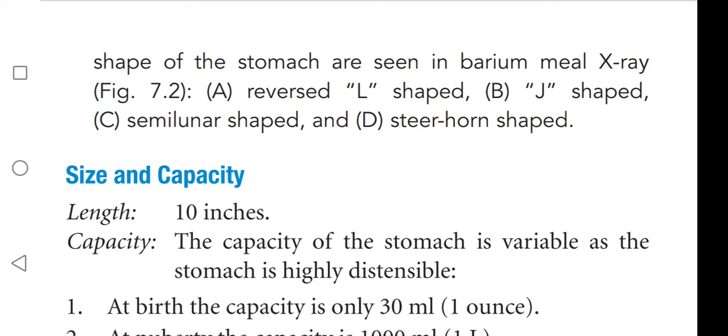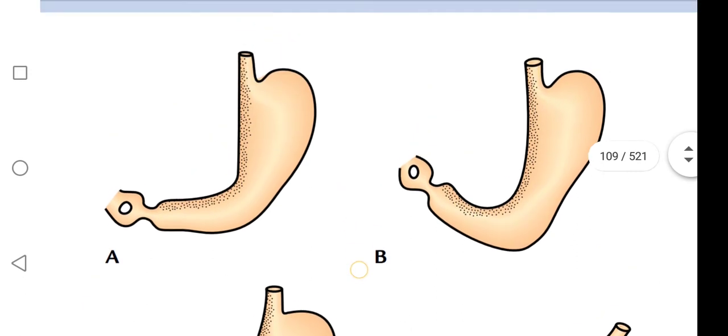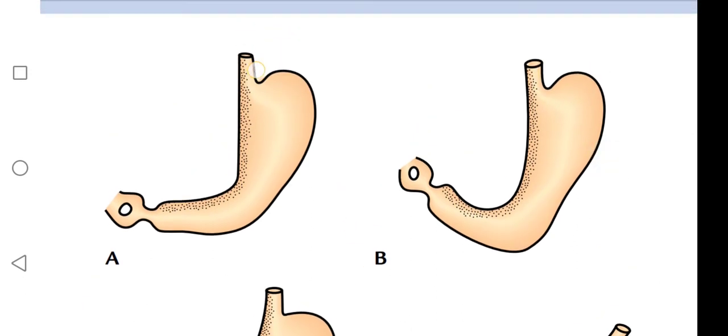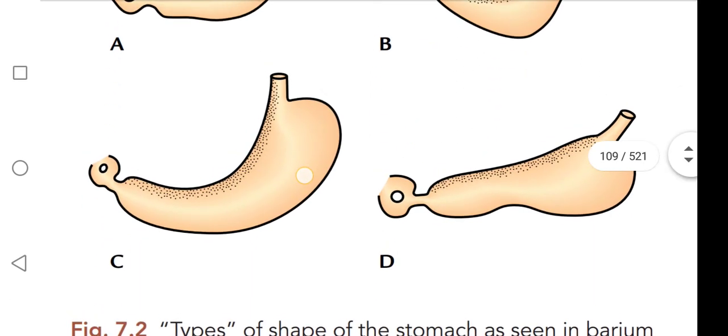First, reversed L shape. If you observe, this is a reversed L shape stomach. This diagram is J shaped. Next, this diagram is semi-lunar shaped.